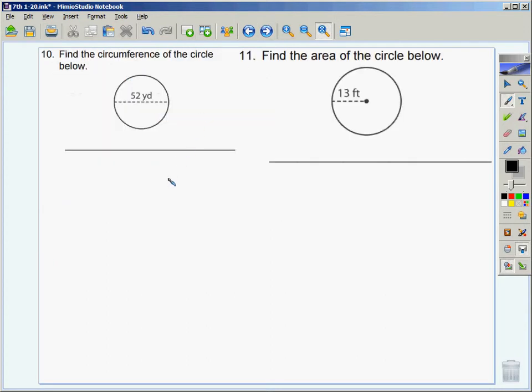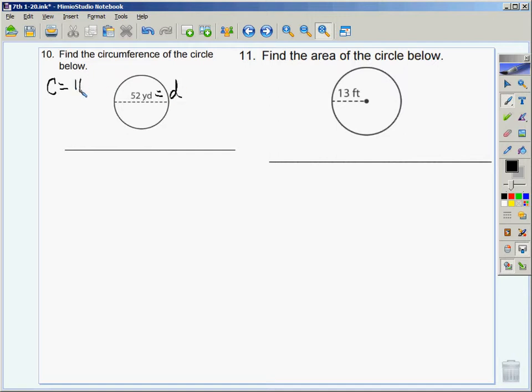I'm going to tell you, all the questions on the back really were a duplicate type question from the front, except they weren't multiple choice. But the process of how we work them out is exactly the same. Circumference. In this case, what did they give me? The radius or the diameter? They gave me the diameter.